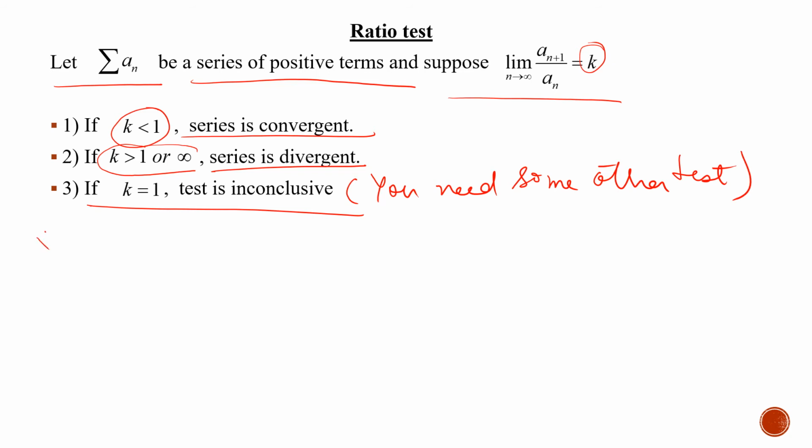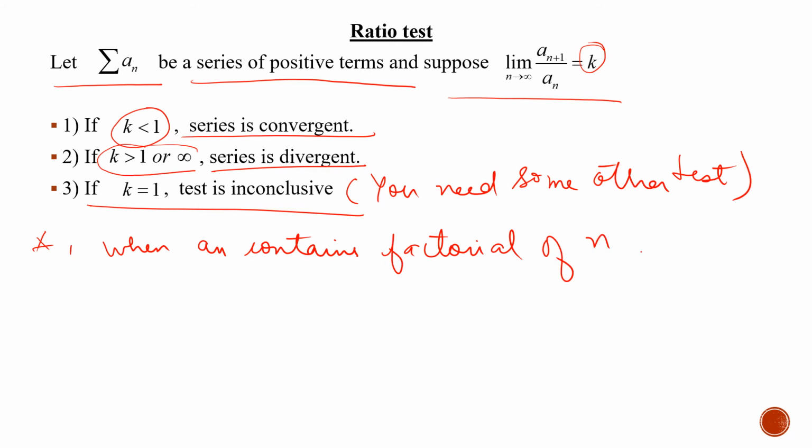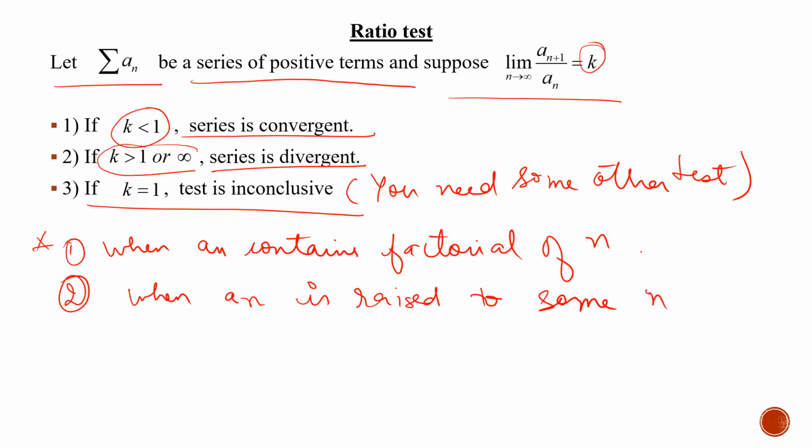Now you can note that this test is mainly preferred when a n contains factorial of n, and it can also be used when a n has some nth power, like when a n is raised to some nth power.